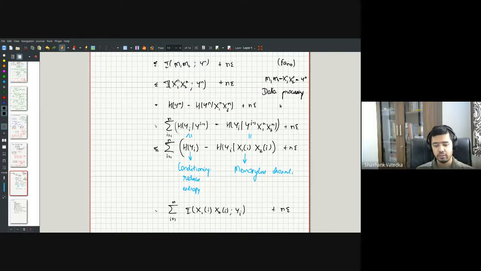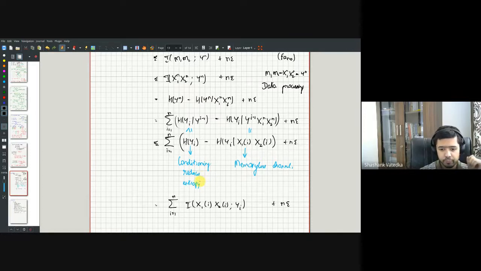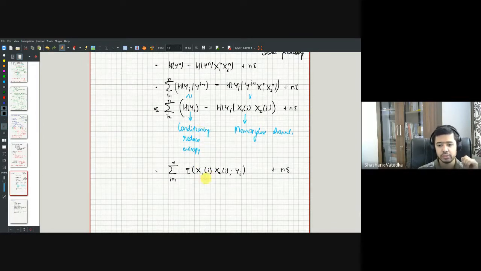Then you need to somehow massage this so that you get a sum of mutual informations in some fashion. Now, for the point-to-point channel, we could just say that this is always less than or equal to the capacity, so we are done.